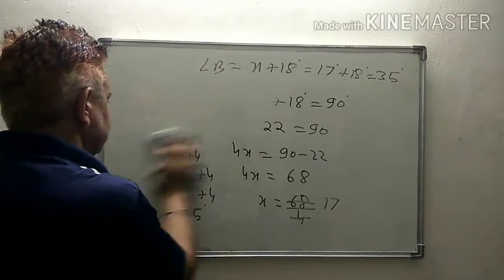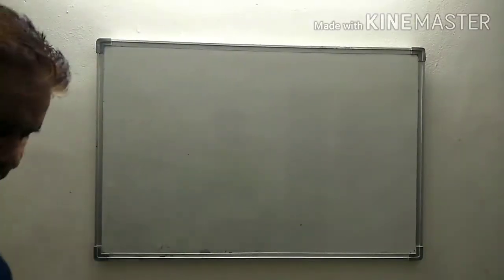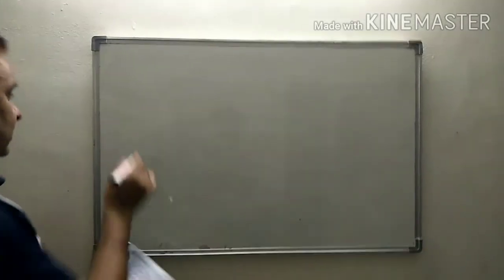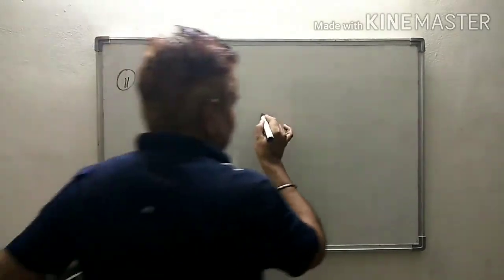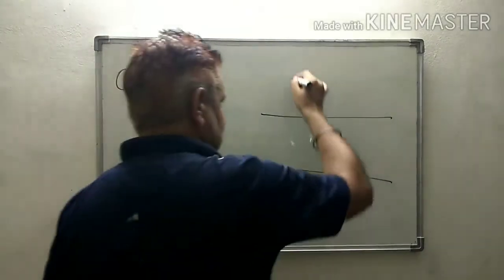After this, question number 11. A figure is given just like this, and this is a transversal line.